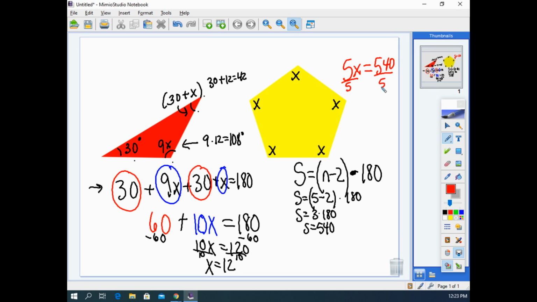I'm going to get x equals 108 degrees, sorry. So in any pentagon, in a regular pentagon, each angle will equal 108 degrees.